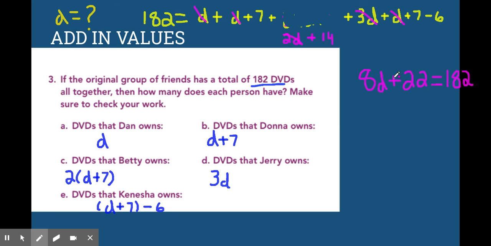So now that I have this equation, I can go ahead and figure out how many DVDs Dan has. To do that, I'm going to subtract 22 on both sides. And then I end up with 8D equals 160.